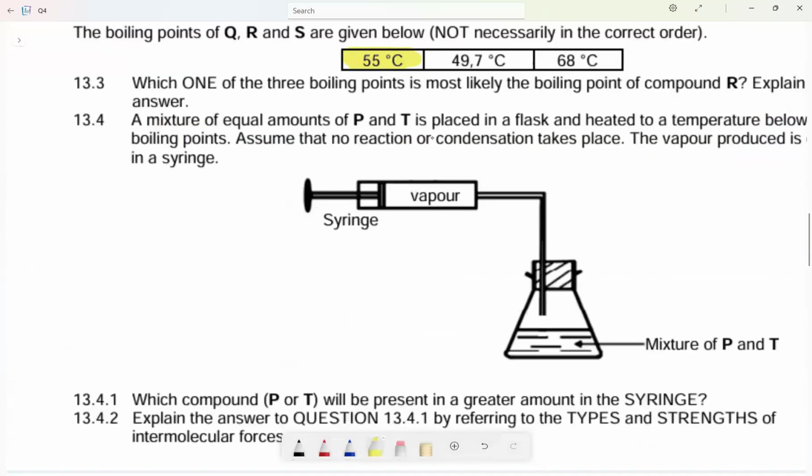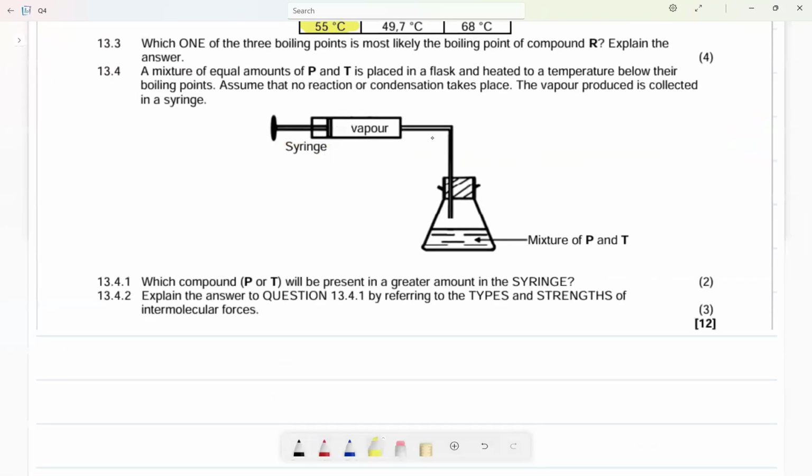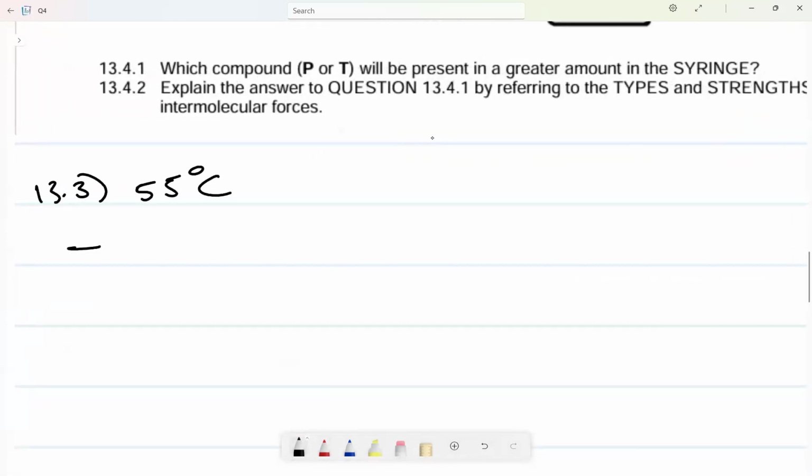Why? Let us be in a position of using appropriate reason for 13.3. The first mark is you saying now it is 55 degrees Celsius. Then use appropriate reason now and support your answer.